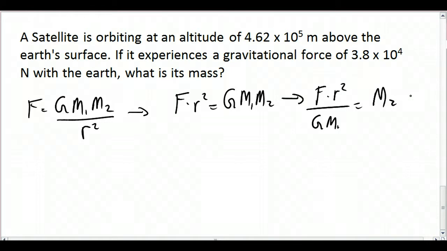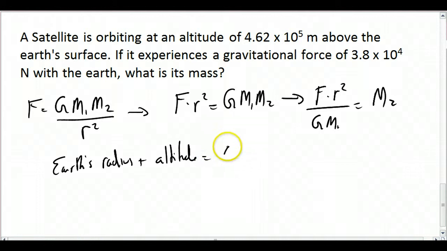The other thing you need to see is this is a case, like what I mentioned a few minutes ago, that we don't have the orbital radius. What we have is an altitude above the Earth's surface, and we need to add the Earth's radius to that. So for the r squared term here, we need to add the Earth's radius plus the altitude.